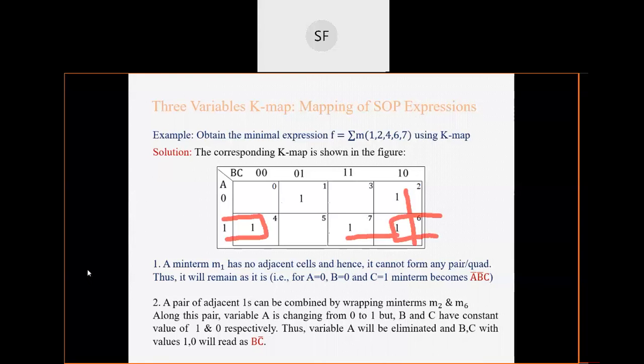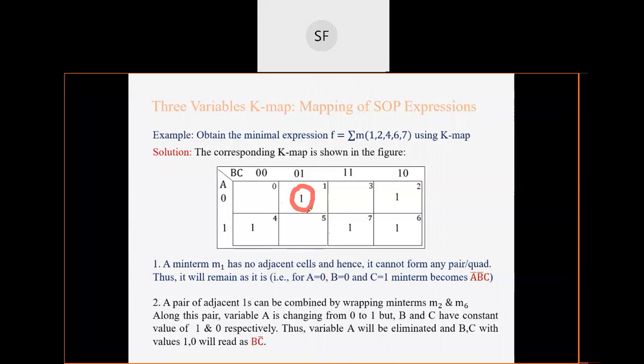Now we will combine each pair one by one. After combining all three pairs, what you will observe is that there is one single one kept here. This one has no adjacent cells. Here it is blank, here also blank, and here also blank.